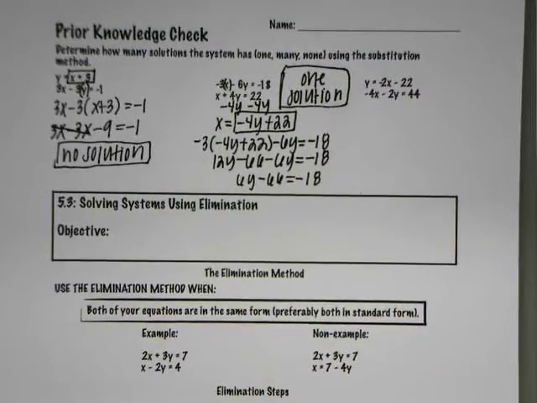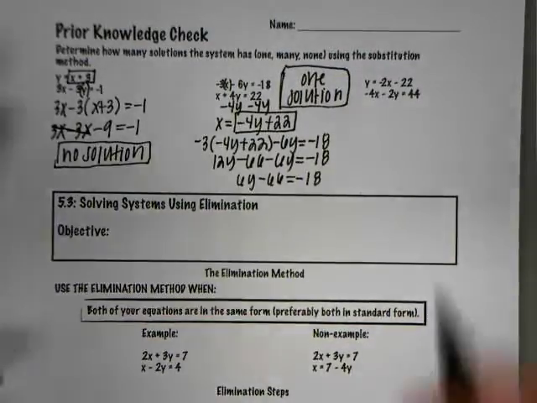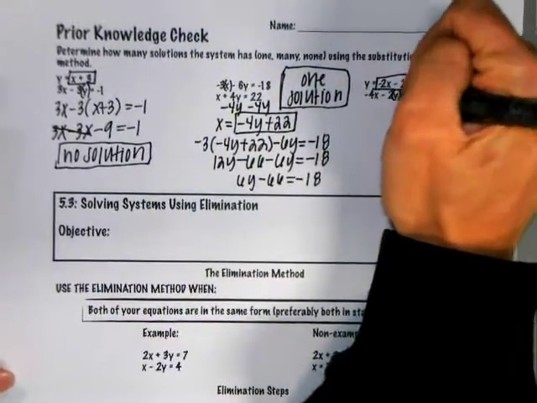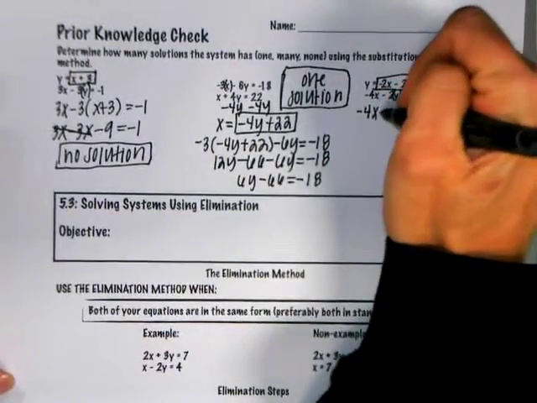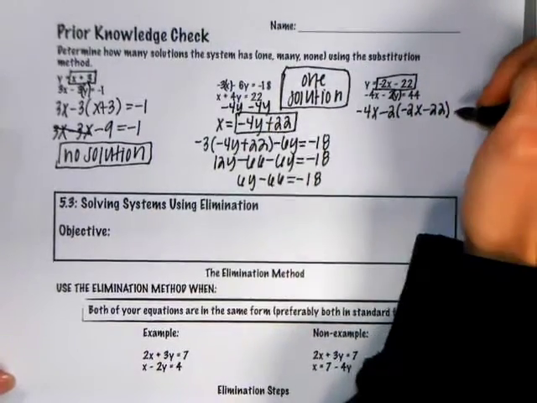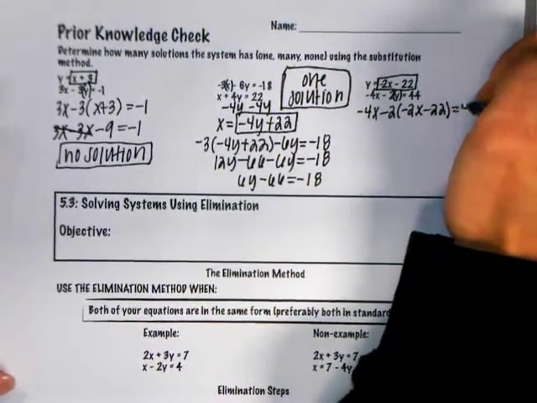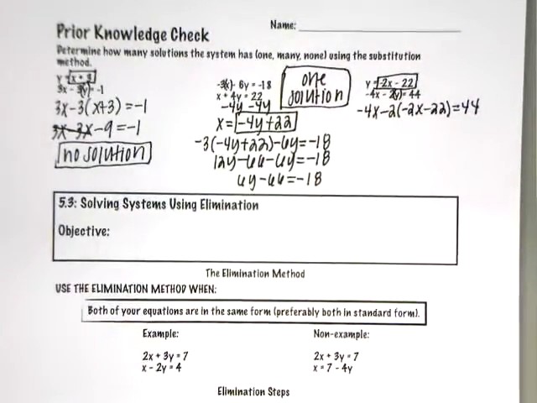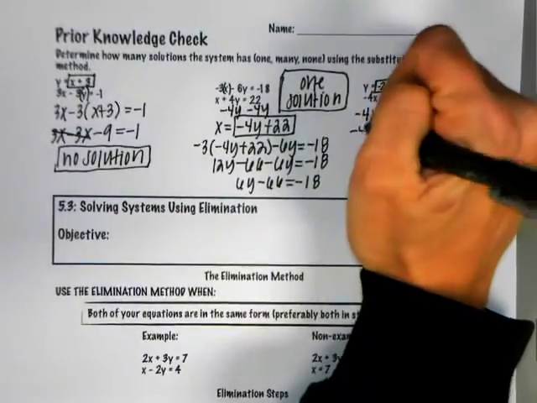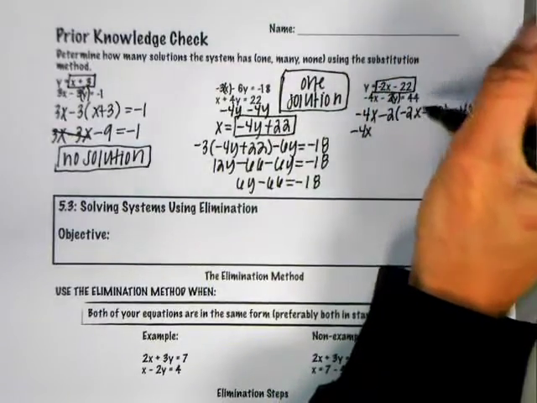Okay, and then on the last one, do I have an x equals or a y equals? Y equals. So put that in for the y. Negative 4x minus 2, negative 2x minus 22 equals 44. And then distribute. So we have negative 4x. What's negative 2 times negative 2x?